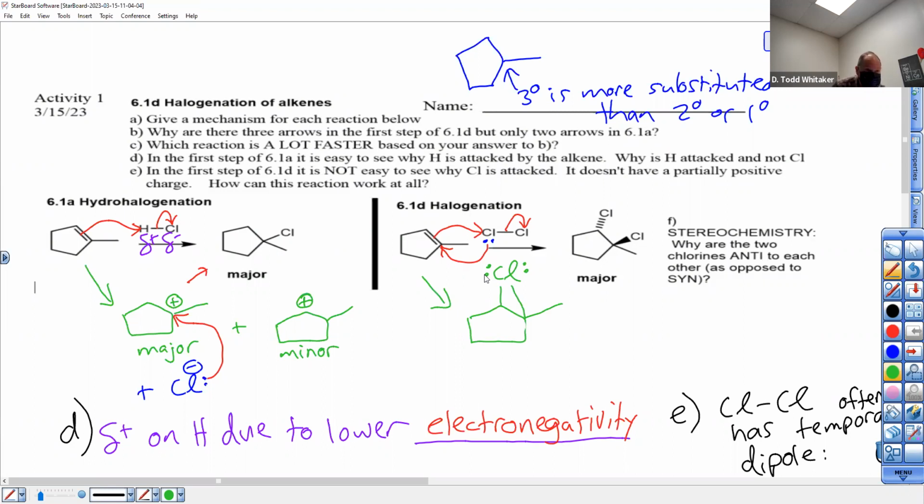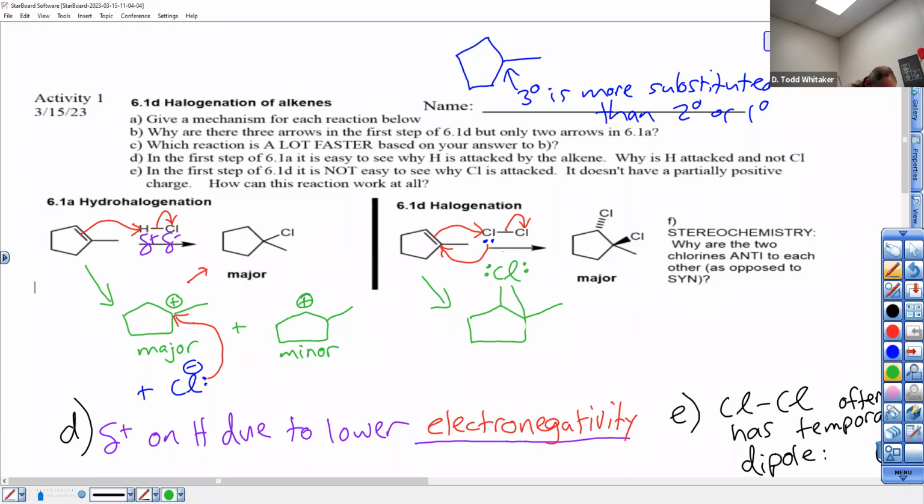This chlorine owns 6 electrons. It owns 2, 4. Half of a bond is 1 more. Half of a bond is 1 more again. That's 6. What charge does the chlorine have when it owns 6 electrons compared to on the periodic table where it owns 7? VII.